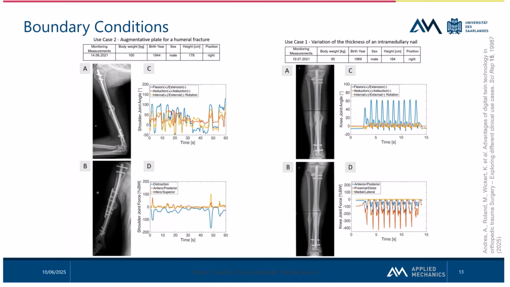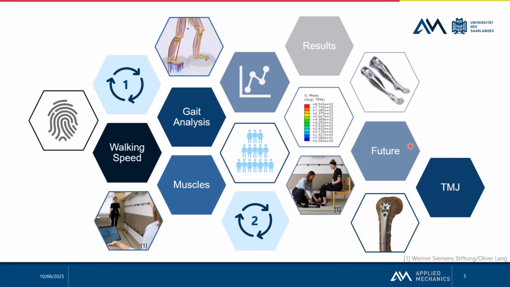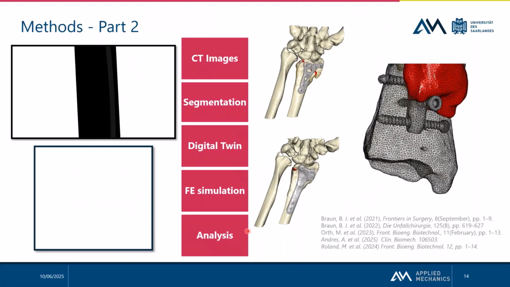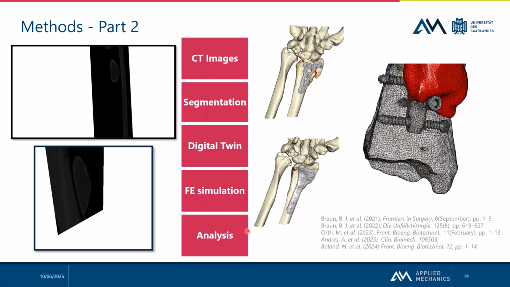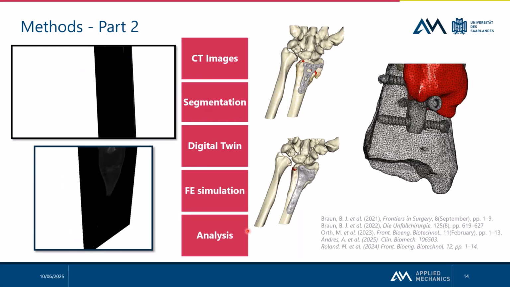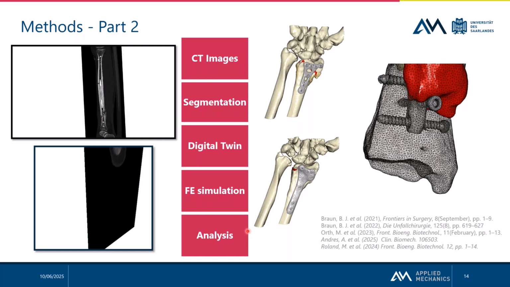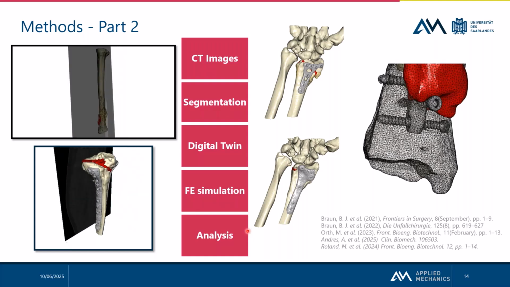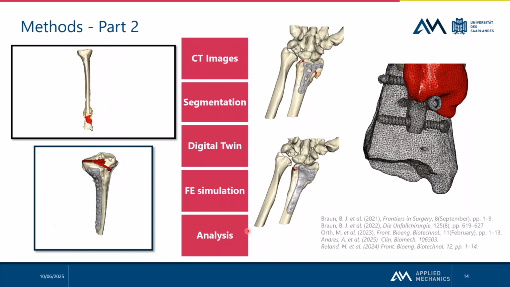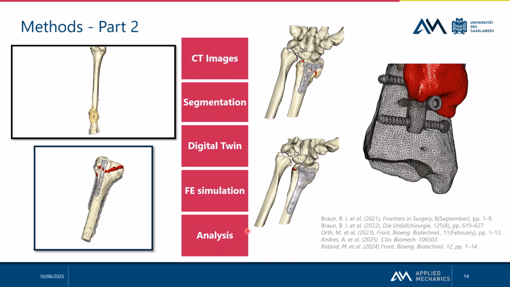And the second big part of the methods is the creation of the 3D models. We use CT images, so we use DICOM stacks, and then we do a segmentation.